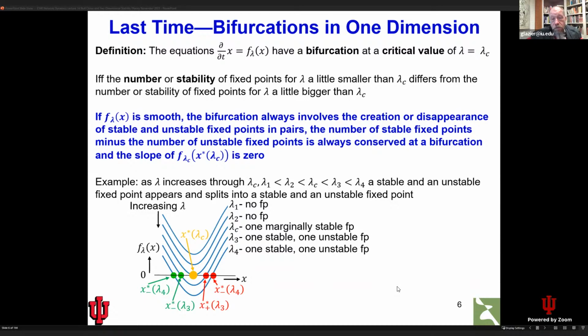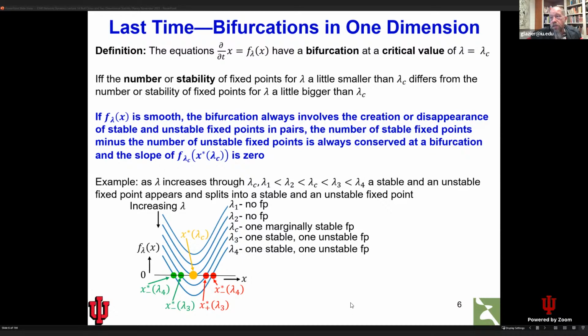At some critical value of the parameter, we either create or destroy fixed points or change the slope of the function at the fixed point. Those are the two ways you can do it. And we made a comment that if the rate function is smooth and differentiable, then the bifurcations always involve either the creation or disappearance of pairs of stable and unstable fixed points.